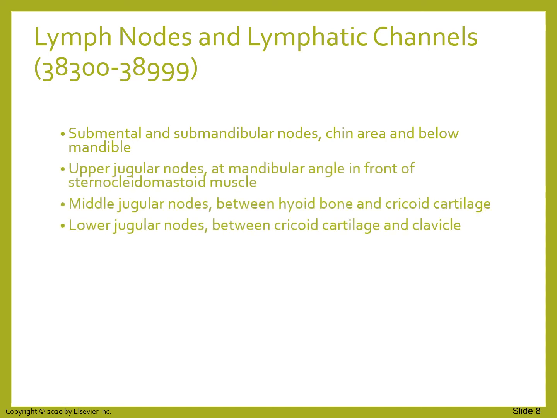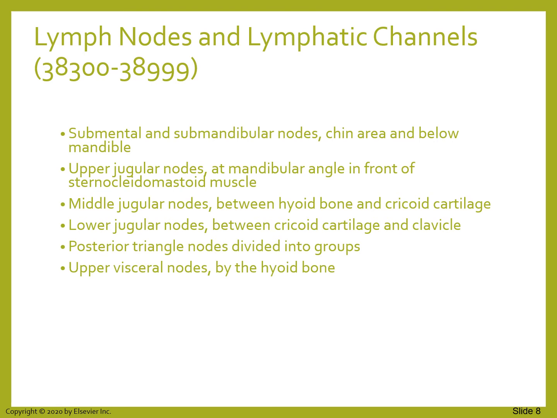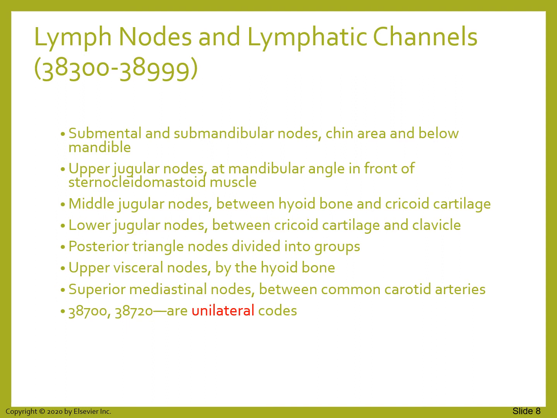So we see all of these different areas where we have the lymphatic channels, all the way from the submandibular all the way to the mediastinal nodes, the arteries, and the codes for these channels are unilateral codes. So this would be for the channels mentioned because if there's a lymphadenectomy done in the lower jugular nodes, for example, we need to think of the anatomy and stick to that area when coding.